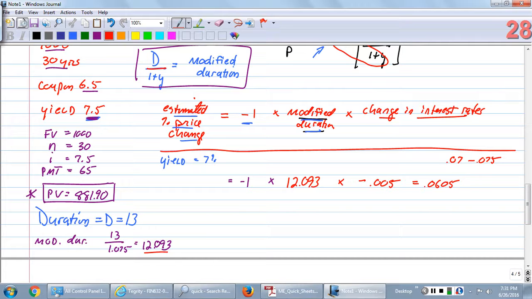So my estimated bond price is going to be 6% higher. It had been $881.90 right here, but now I'm going to add about 1.0605 to it to see what it's worth, and I get $935.22.